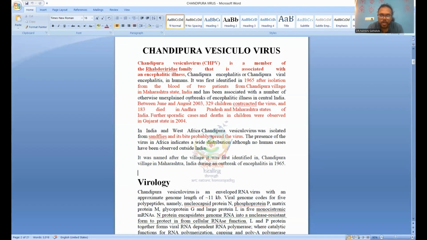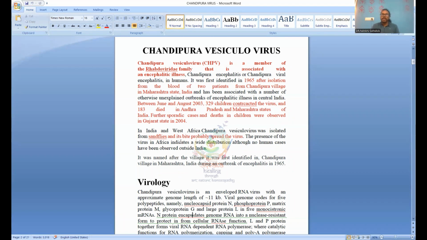Then between June and August 2003, 329 children contracted the virus and 183 died in Andhra Pradesh and Maharashtra state of India. Further sporadic cases and deaths in children were observed in Gujarat in 2004.